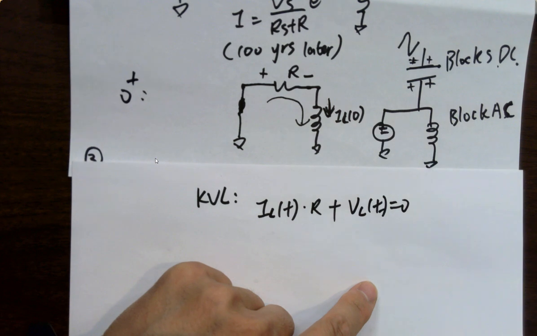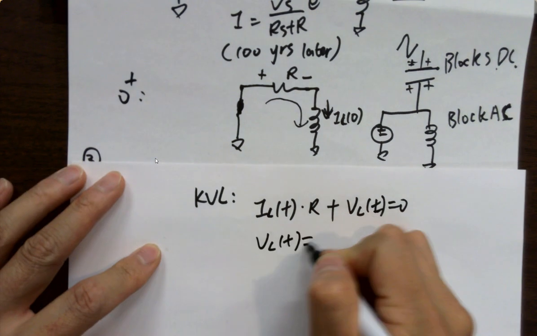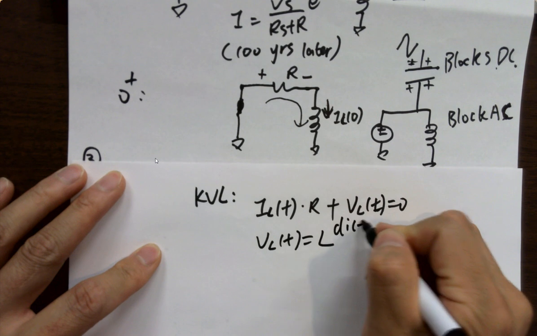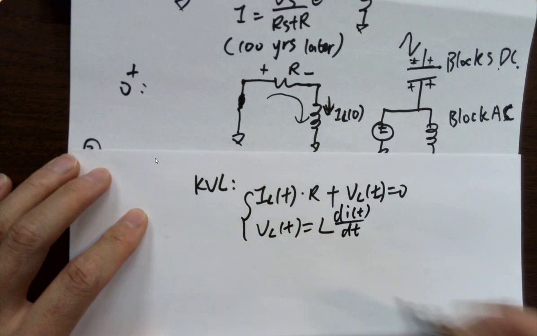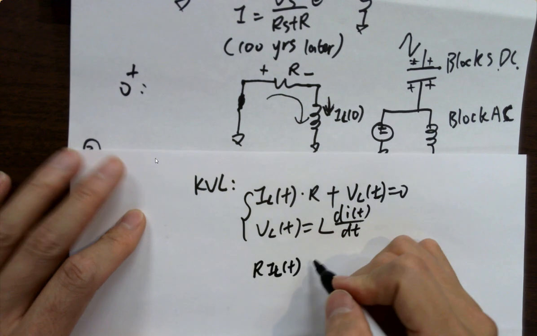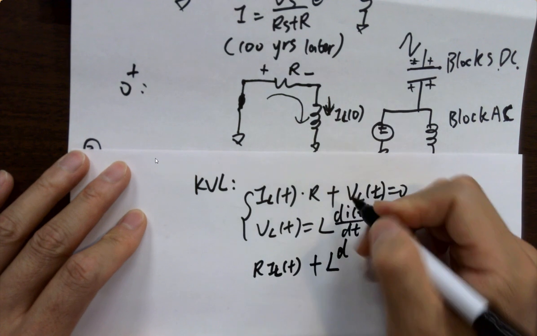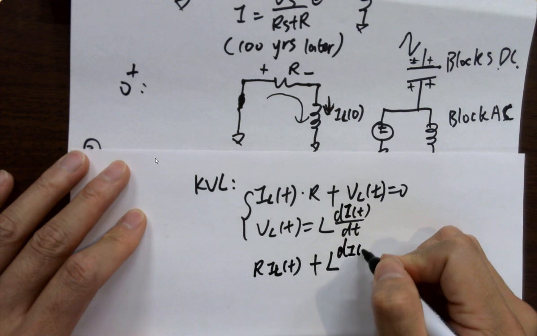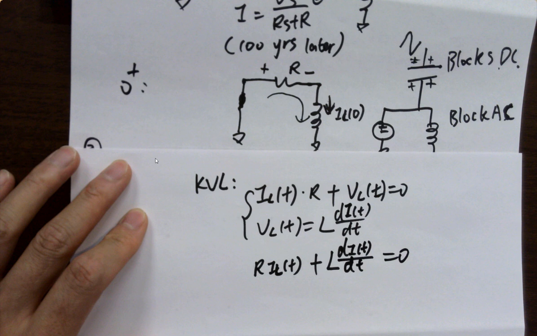So what is VL(t)? L di_L(t)/dt, right? So this becomes R i_L(t) plus L di_L/dt, no, let's use this, equals 0.